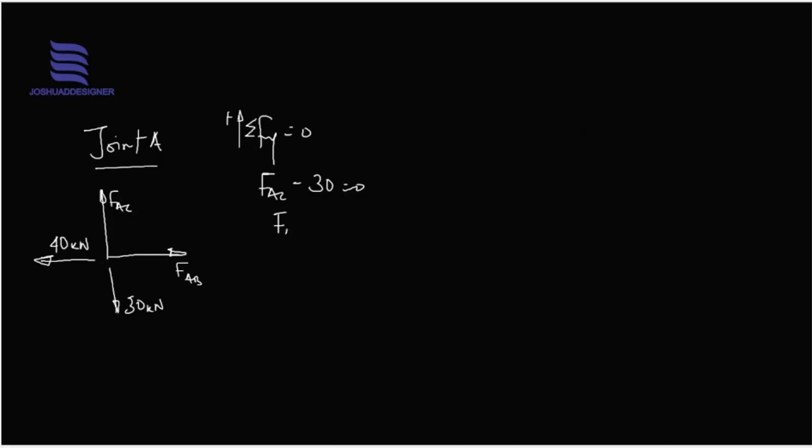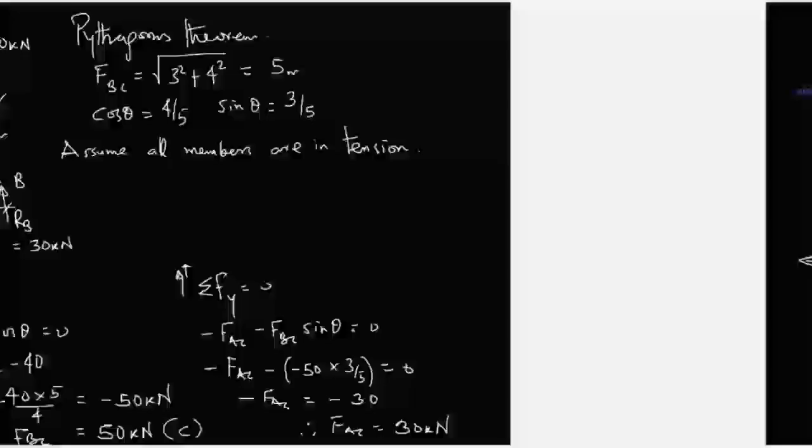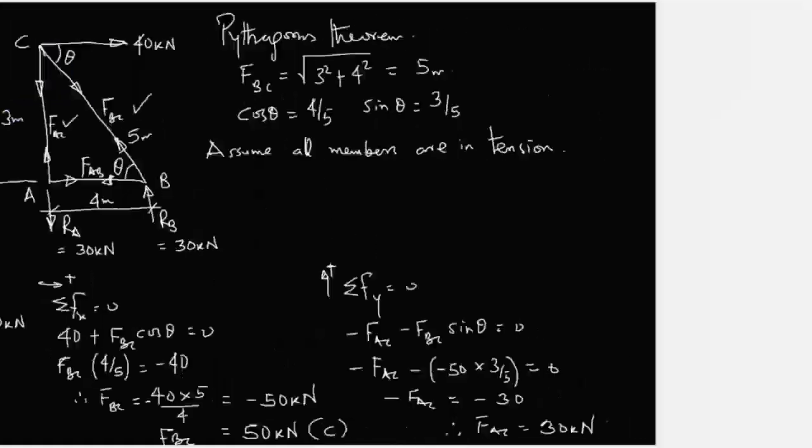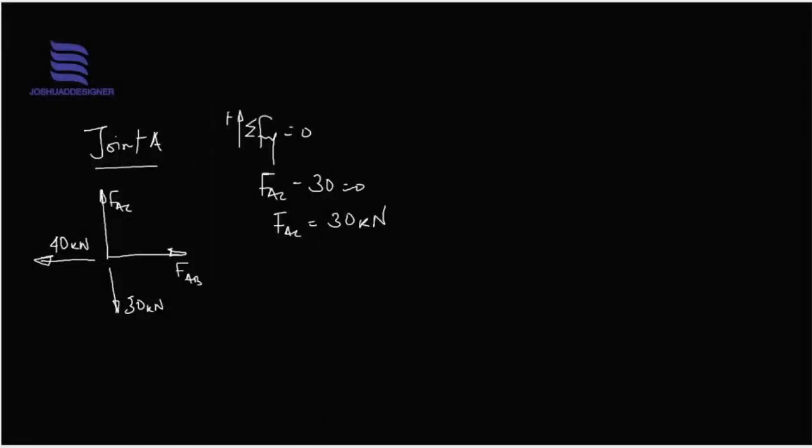So FAC is equal to 30 kilonewton, which tells us that our former answer from joint C for FAC, 30 kilonewton, is actually correct. So that could be a check for you, but our concern basically is to obtain FAB.